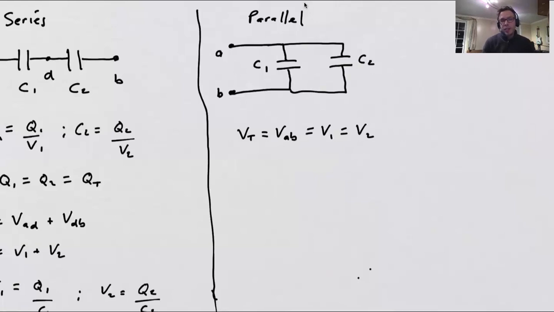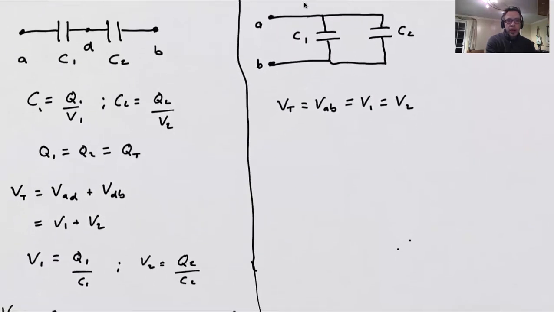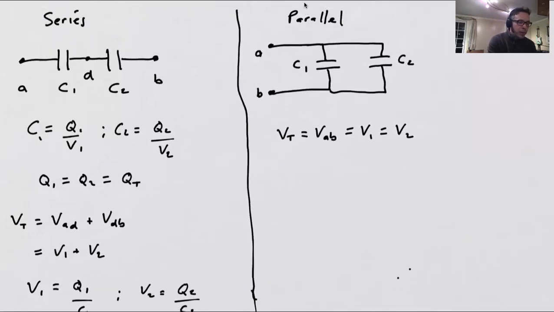If that's the case, before we solve these for C1 and C2 for charge and capacitance, let's do the exact same thing. But what else do we know? We know that at the junction, charge has to be conserved. So Q total has to be Q1 plus Q2. The amount of charge that goes to 1 plus the amount of charge that goes to 2 has to be the same as the total charge that entered the system, because again, these are friendly capacitors.